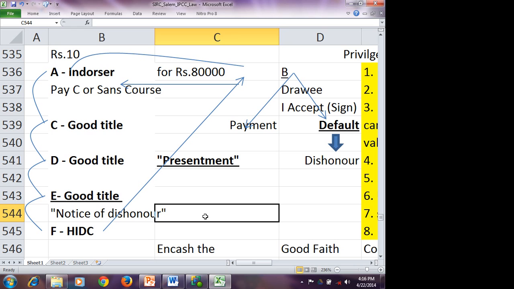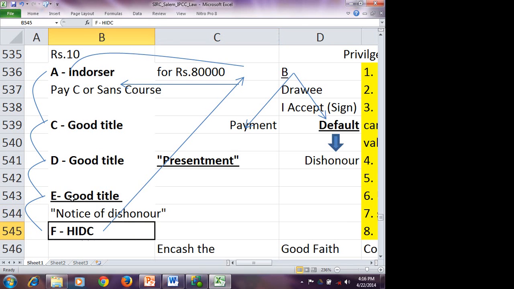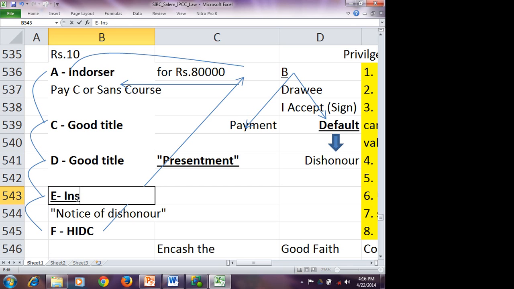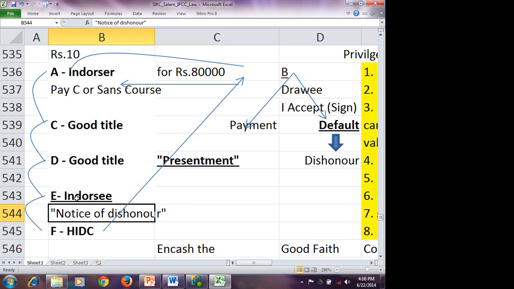Very simple, straightforward. So F has to serve notice of dishonor to E, and E has to serve notice of dishonor to every party. Whoever wants to make a prior party liable has to serve notice of dishonor. This is the right of whom? Endorser or endorsee? F, as the endorsee. This is the right of the endorsee against the endorser.